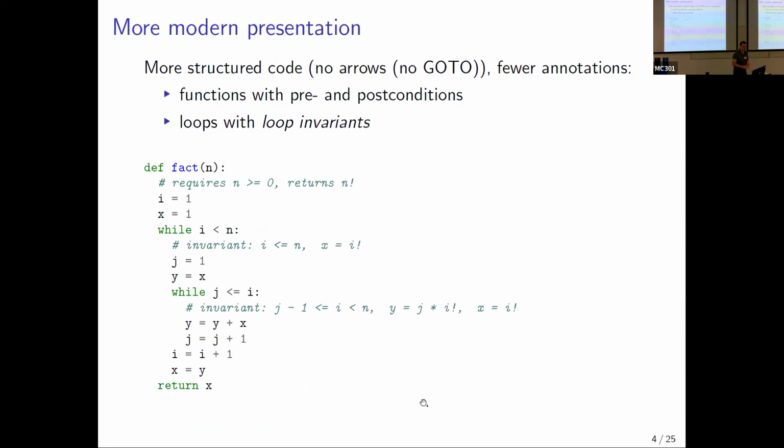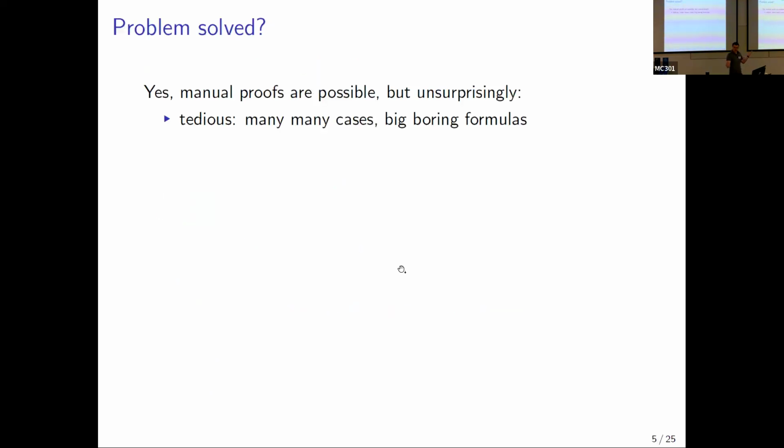All right, so nowadays, how is this done? You have more structured code, with loops and functions. You don't have just arrows and go-tos, so you need fewer annotations. You need annotations on pre and postconditions and invariants on loops. So problem solved?